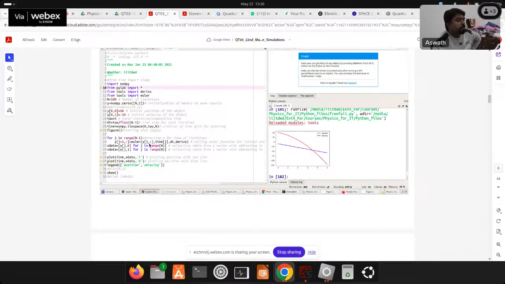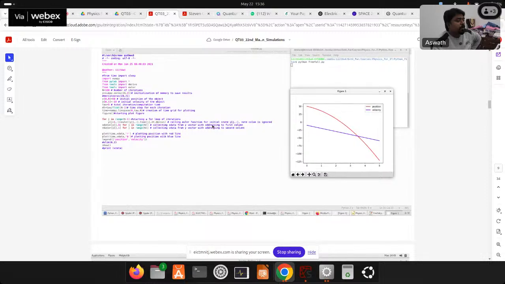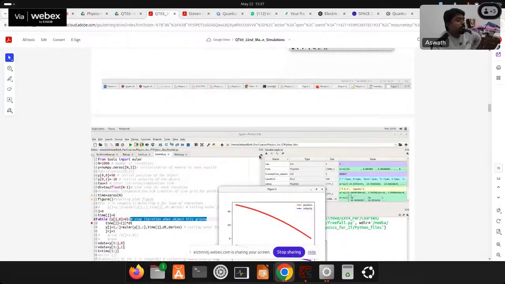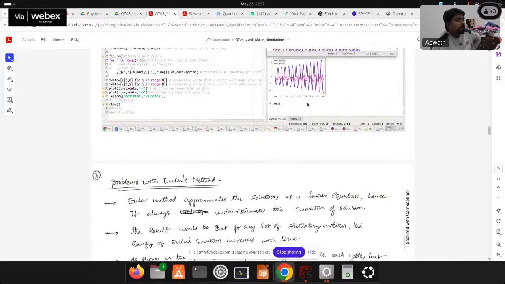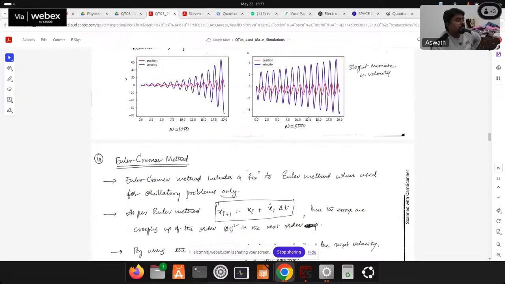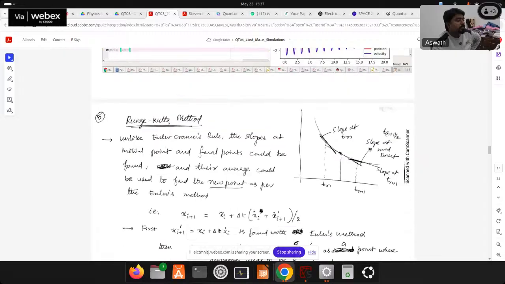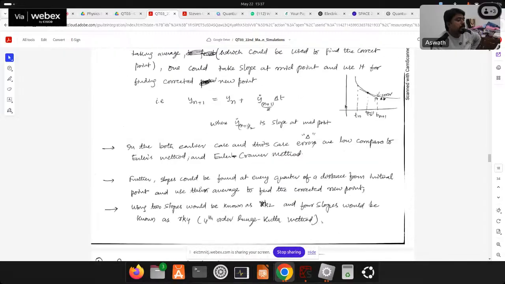You can also compare Euler with RK2. This is a free falling body scenario. In the example we just discussed, the amplitude is increasing, which is wrong. If I do the correction, the amplitude would decrease. If I use the RK2 method, it is much more effective.